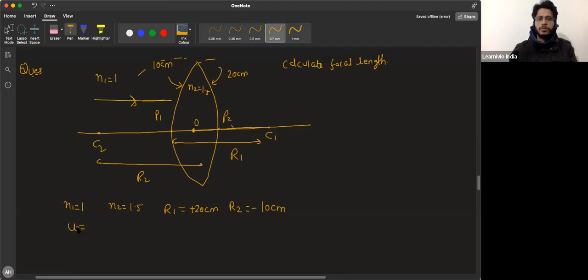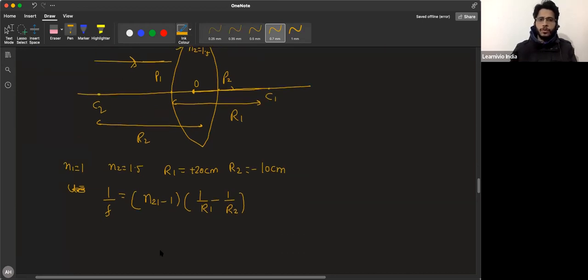I need focal length. 1 by F is (N2 by N1 minus 1) into (1 by R1 minus 1 by R2).